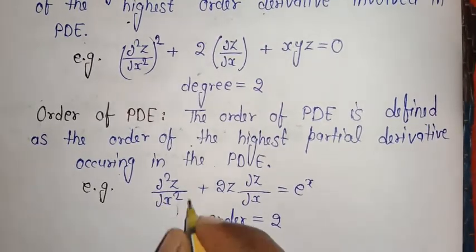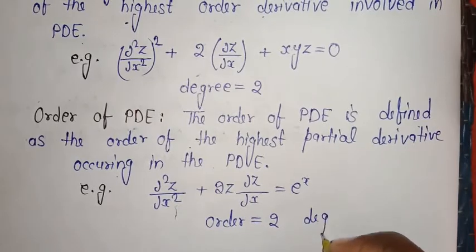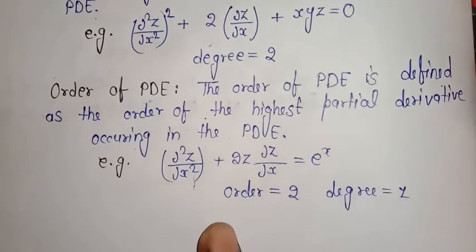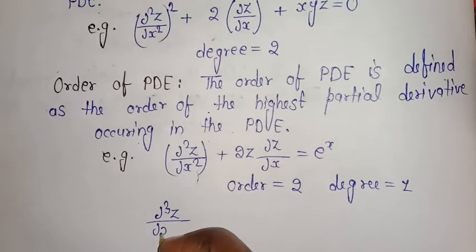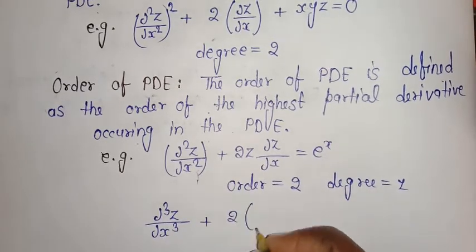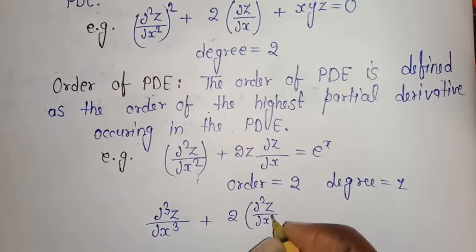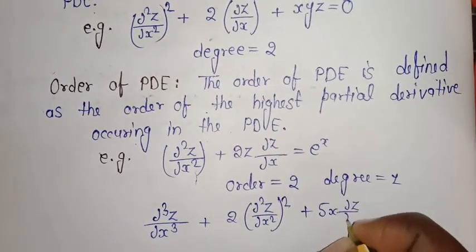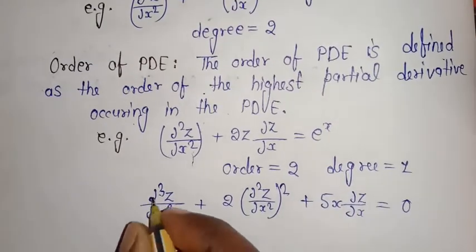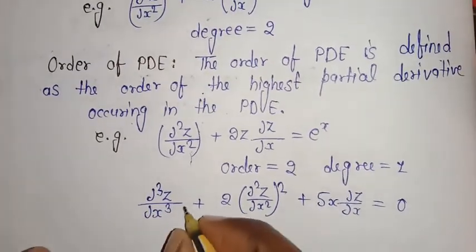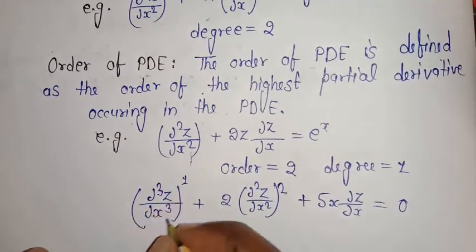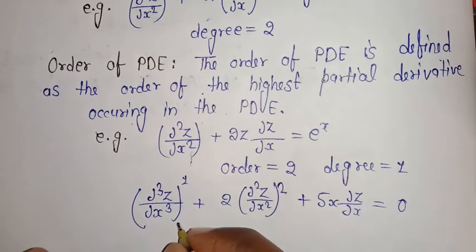And if we talk about degree, then degree is 1 because the exponent of the highest order derivative is 1 here. So degree is 1. And if I take some more examples, like ∂³z/∂x³ plus 2 (∂²z/∂x²)² plus 5x ∂z/∂x is equal to 0, in that case the highest order derivative is ∂³z/∂x³, which is of order 3.